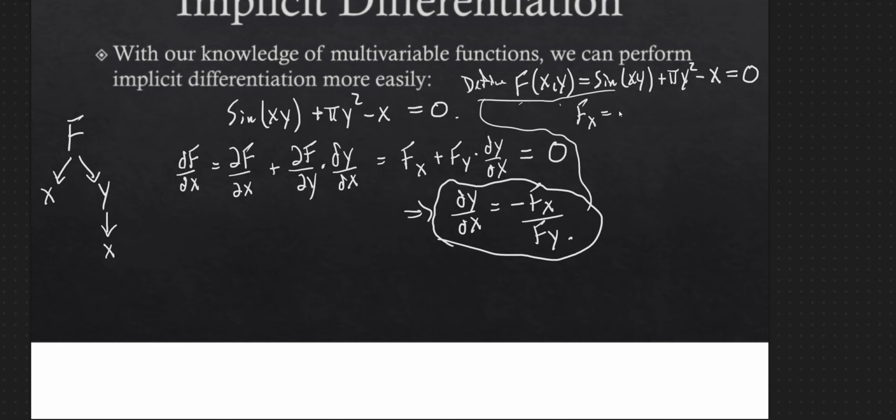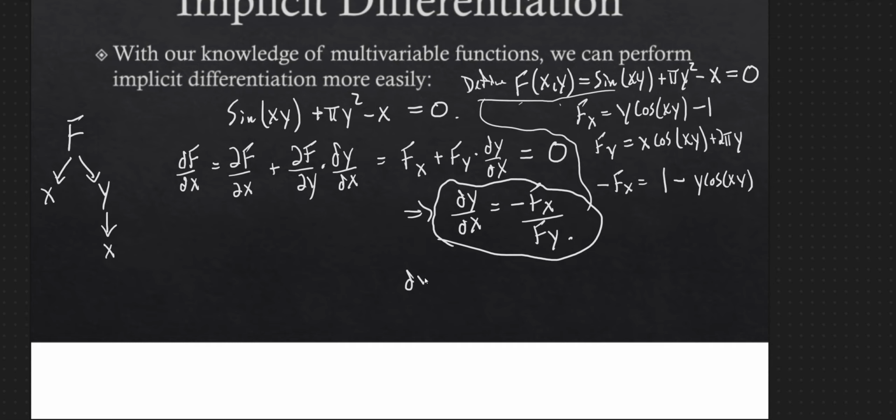Derivative of the inside would just be y cosine xy. The pi y squared term goes to 0, minus 1. And then fy will be x cosine xy plus 2 pi y. And then the x is constant, so that goes to 0. So minus fx is going to be 1 minus y cosine xy.